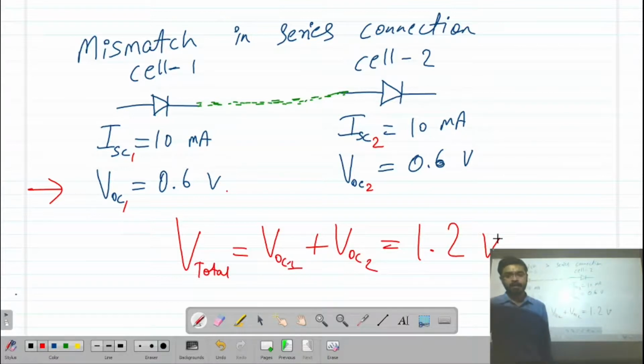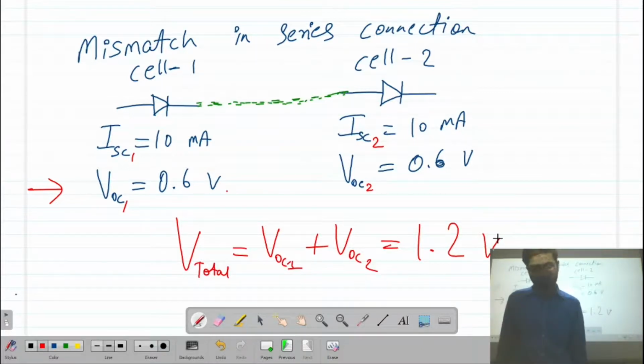This is the ideal condition, so there it will not have any problem.